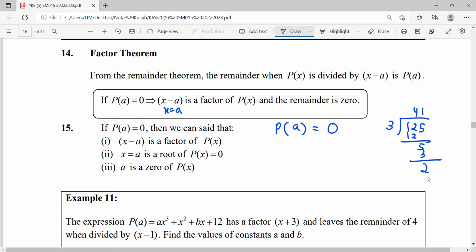Alright. So when we have a factor, it means that your result here will be 0.